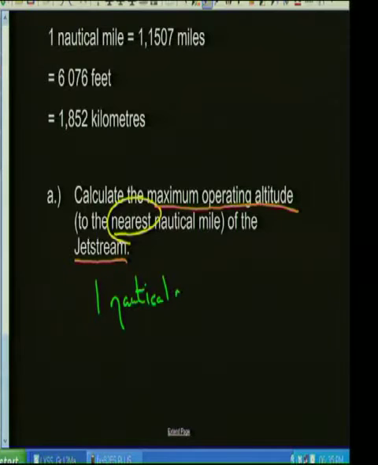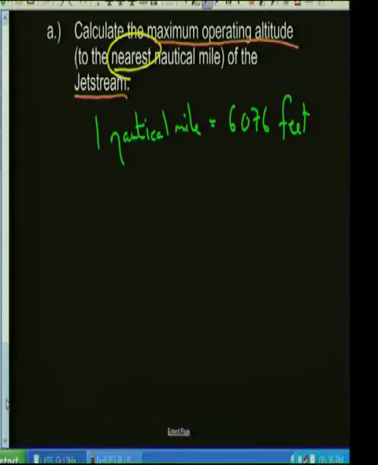Nautical mile is equal to how many feet? 6,076 feet. But I don't want to know about 6,076 feet. I want to know how high is 25,000 feet. So we want 25,000 feet.